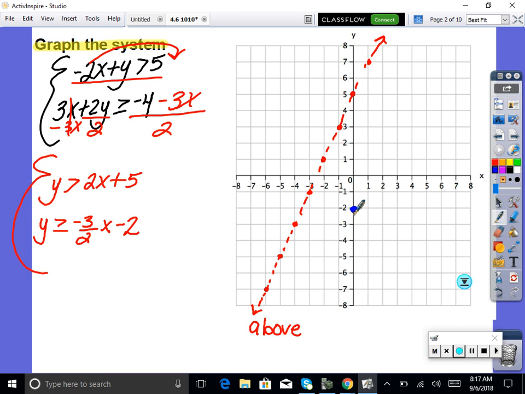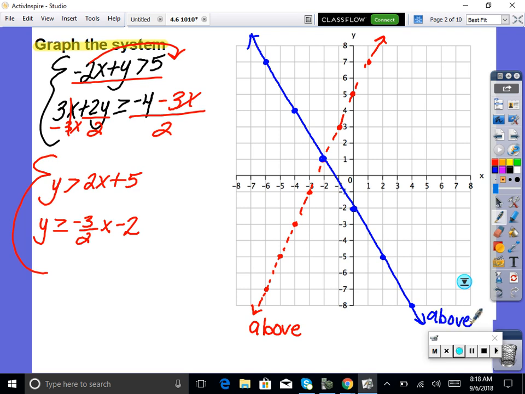My slope is down 3 to the right 2. 1, 2, 3, right 2. And then it is including the line, so this one's a solid line. And then this one is y values above, so another above.